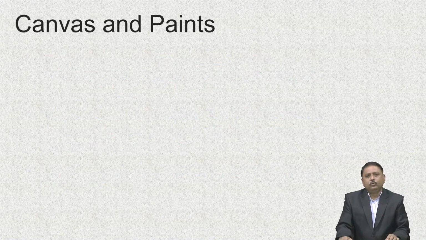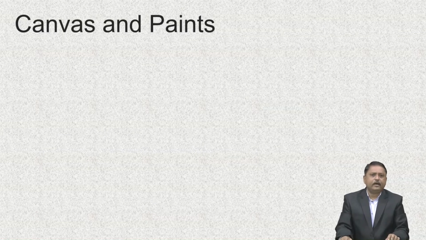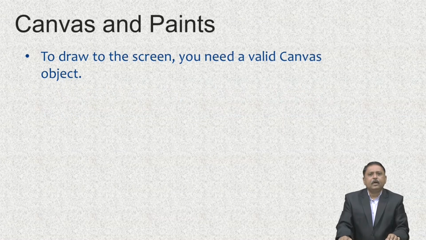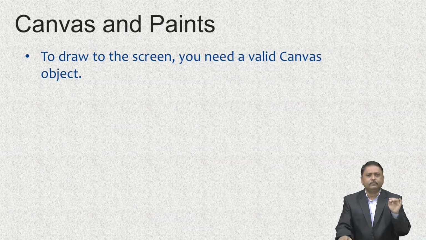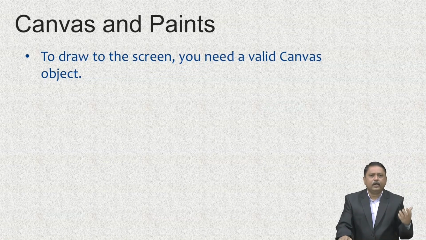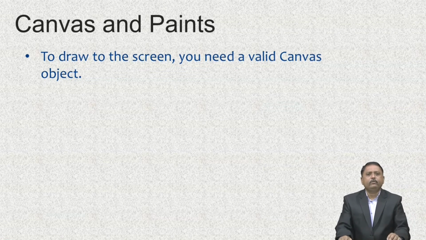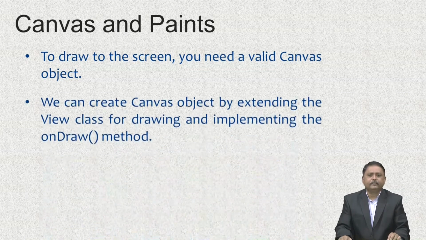There are two classes available to draw on screen. One is Canvas and another is Paint. To draw to the screen, you need a Canvas object. That means using Canvas you can draw something, but whatever style or color information you have to provide, you do using the Paint object.